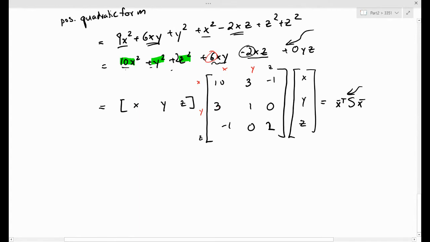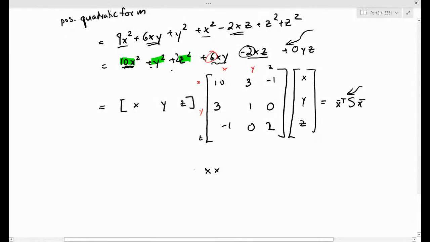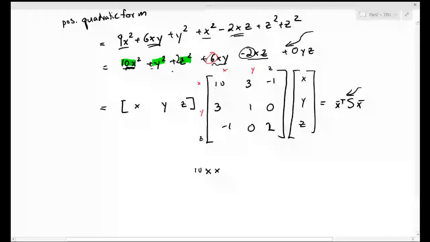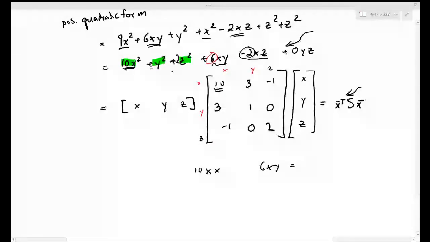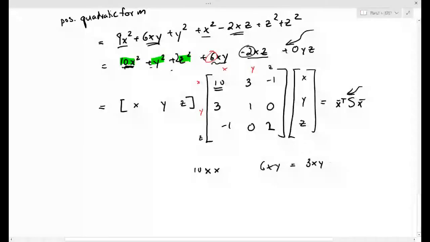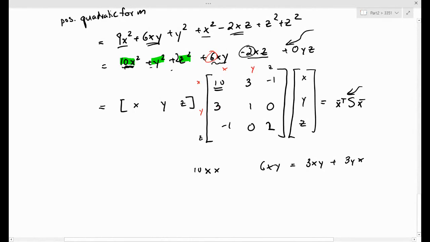Because there's only one way to get x squared. It has to be x times x. So there's 10 of those. But like 6 times x times y, well, you actually get 2 mixed terms like this, right? But they're equivalent.